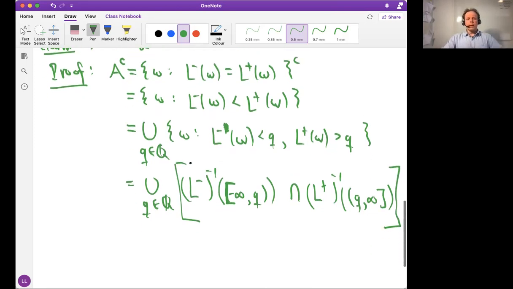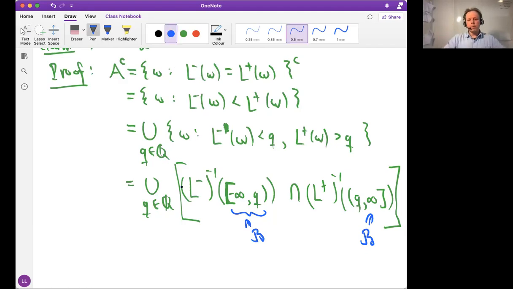Looks complicated, but it is not, trust me. This interval is a Borel set, also in the extended Borel sigma algebra if you include infinity. And so is this one. We know that L minus is measurable with respect to the Borel sigma algebra and the tail sigma algebra T infinity.